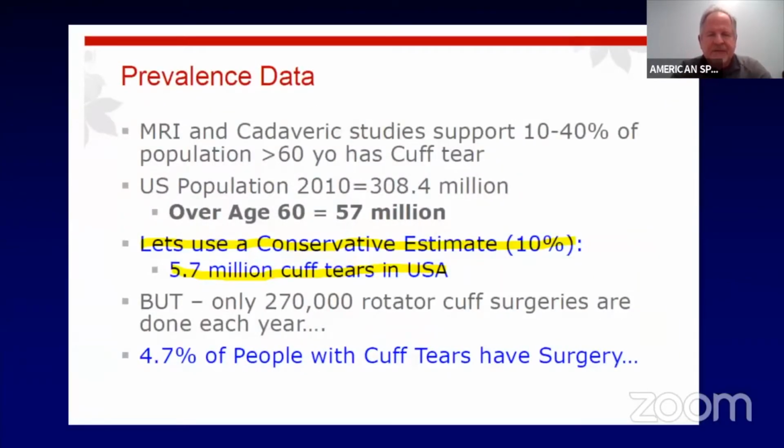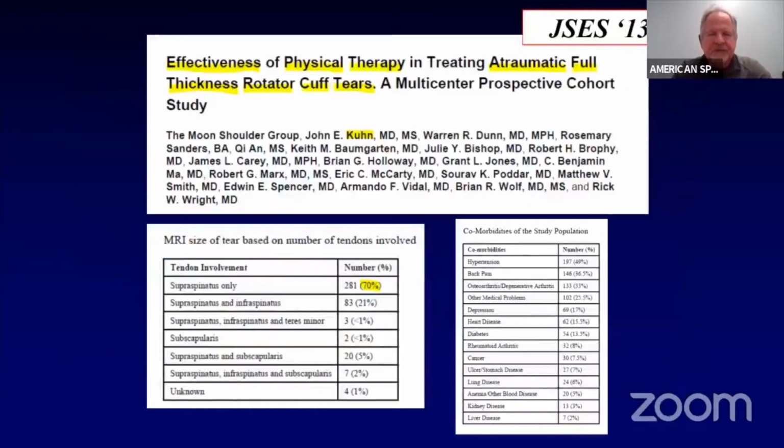So if we extrapolate that data, let's say 10% conservatively here in the United States based on the population, it would be estimated that about 5.5 to 6 million people have rotator cuff tears. Can we treat them non-operatively? Well, maybe. It's certainly a team approach where the physician evaluates these individuals with a scrutinous eye to see whether or not non-op is appropriate or whether they should have surgery in their best interest.